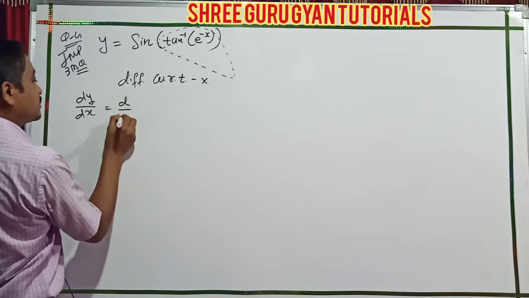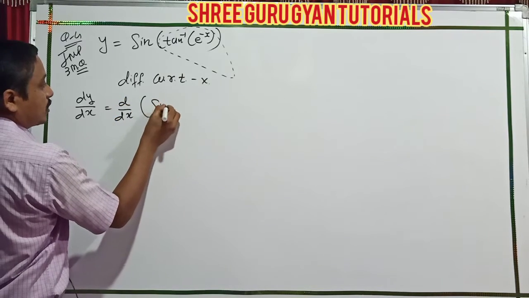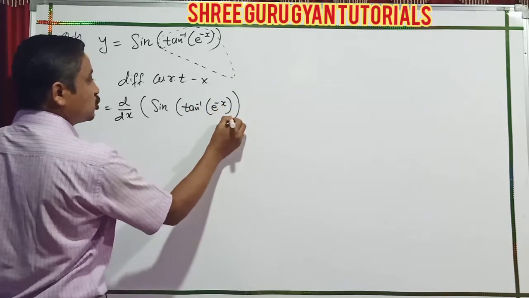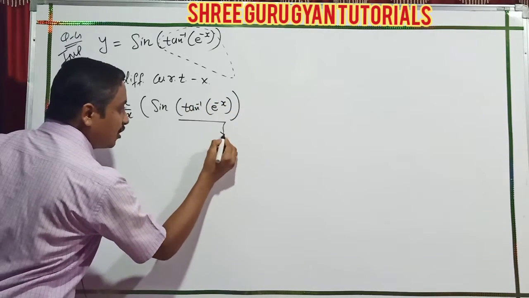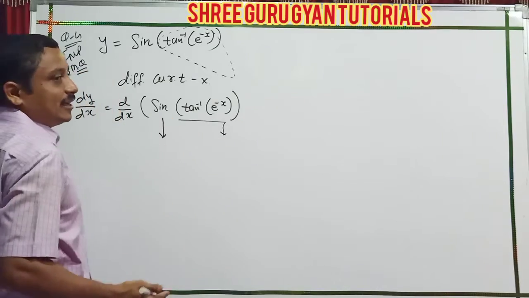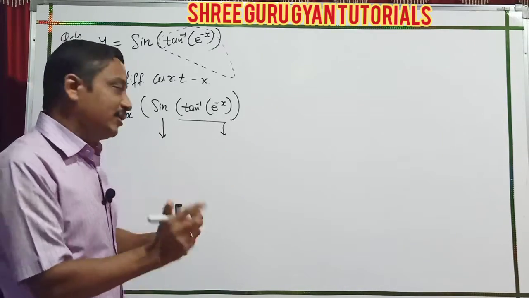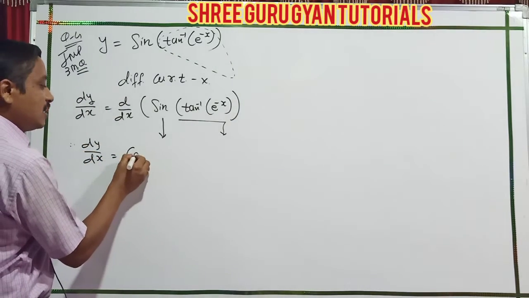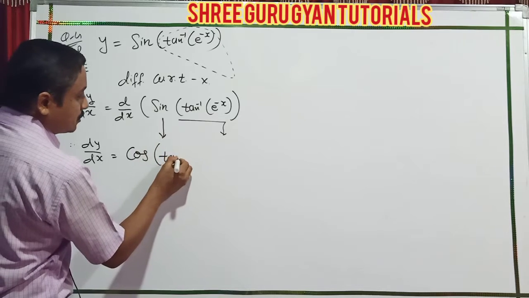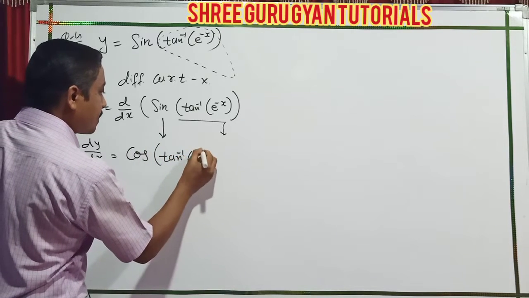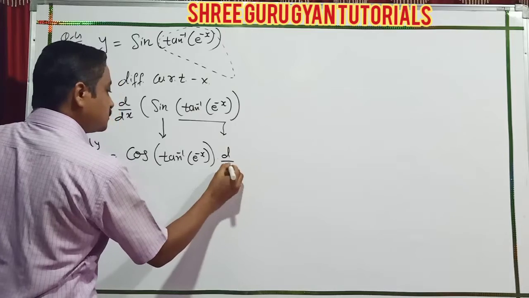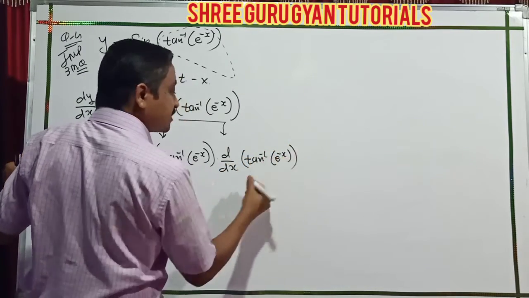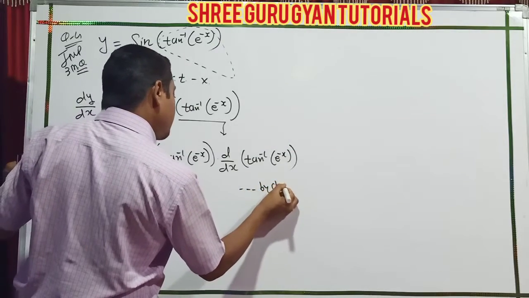Yes, d by dx of sine of tan inverse of e raised to minus x. Again, these are the compositions, and I just take out the sine derivative first. The sine derivative is cos, and the same d by dx of tan inverse of e raised to minus x follows by our chain rule.